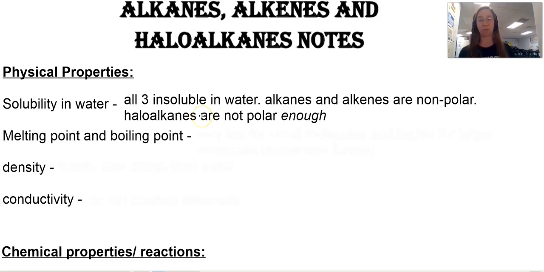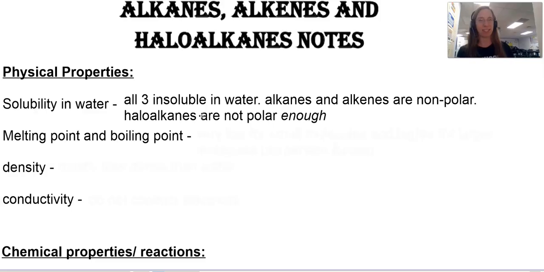The slightly confusing one is haloalkanes. Now, haloalkanes are polar, well, some of them are. I guess some of them are not. But something like fluoromethane, we learned in Unit 3 that fluoromethane is polar, but it's not polar enough to dissolve very much in water.